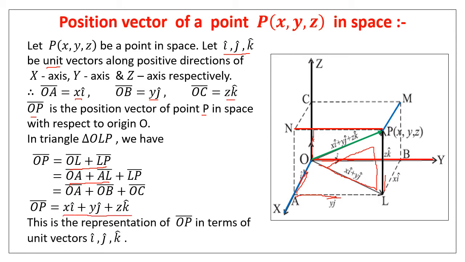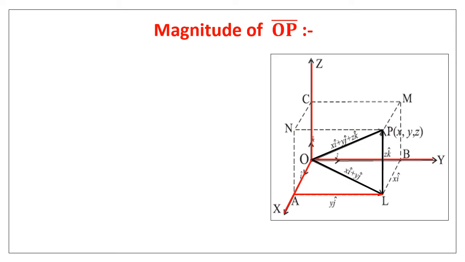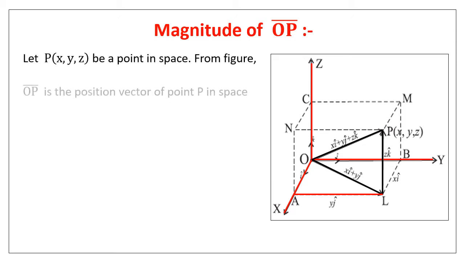This is the representation of OP bar, that is the point P, in terms of unit vectors i cap, j cap and k cap. Magnitude of OP bar, using the above diagram only. So again let P(x, y, z) be any point in space.